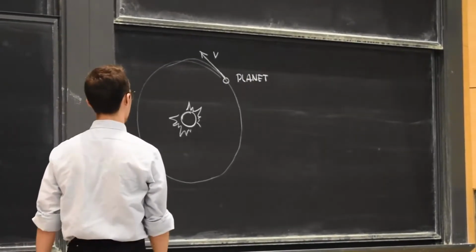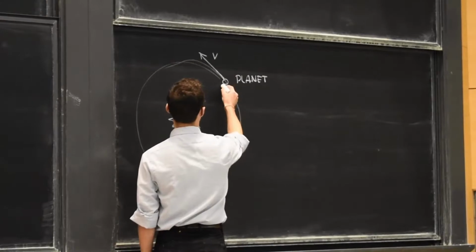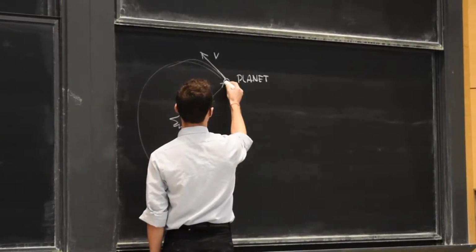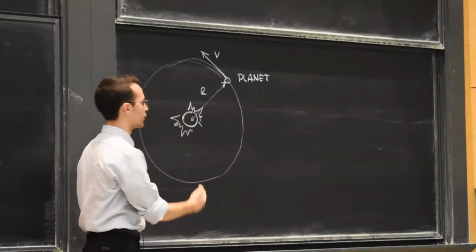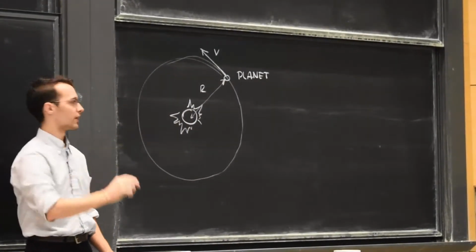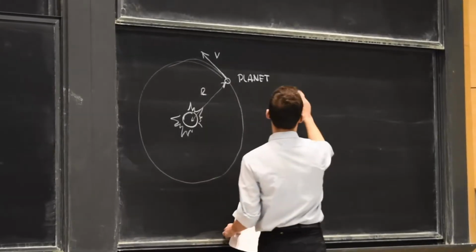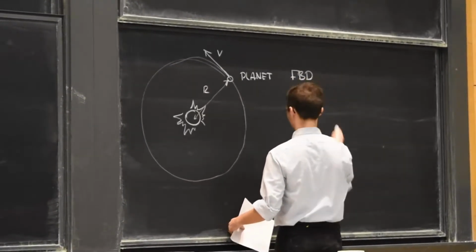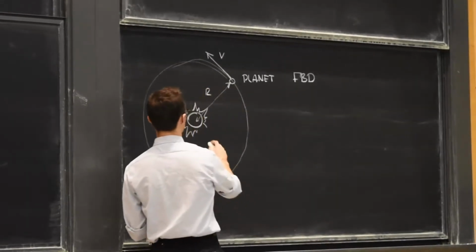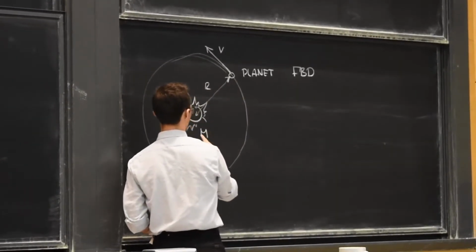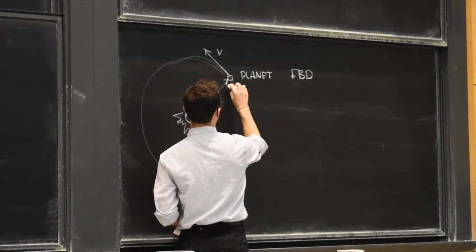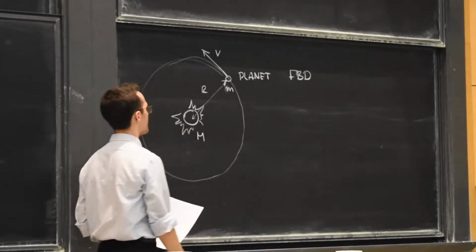And we're going to analyze this knowing that this is our separation. And we'll do it exactly as we've been doing before with our free body diagrams. Oh, and for bookkeeping, I'll say the sun has mass M, this planet has mass little m.